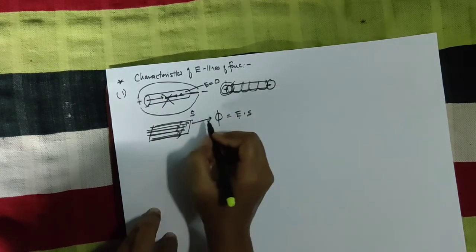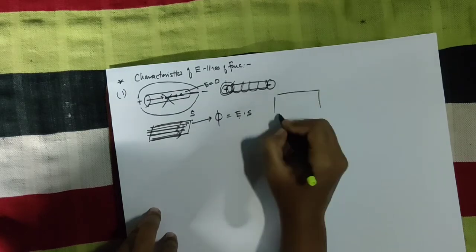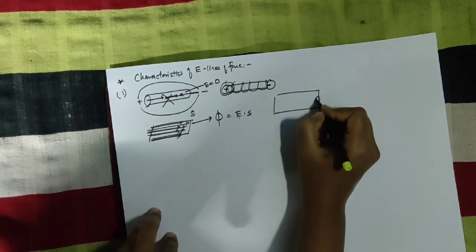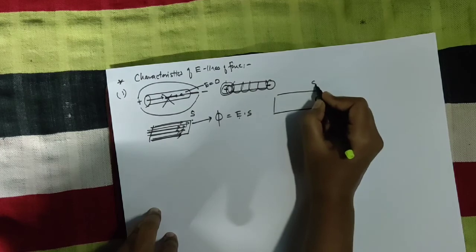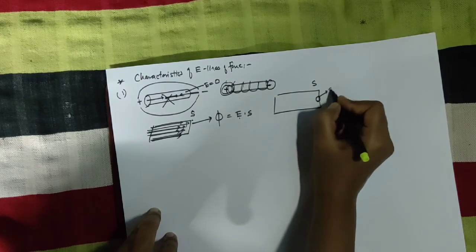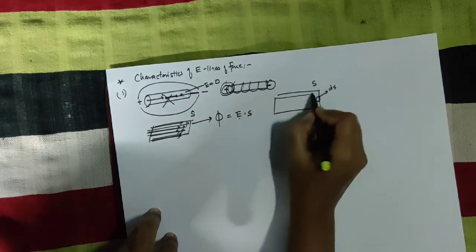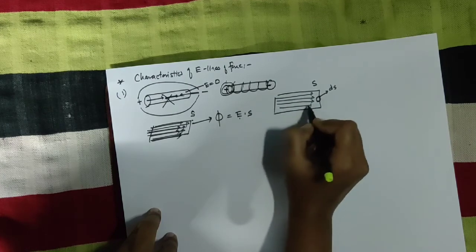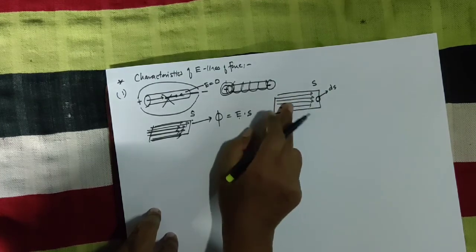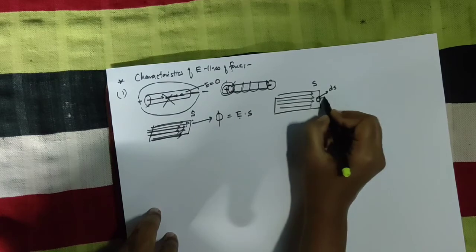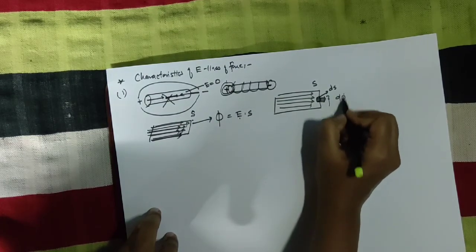If you consider a small surface area, the total is S and the small area we represent as ds, and electric lines of force pass through the given area. How many lines pass through this small surface area defines the term d phi.